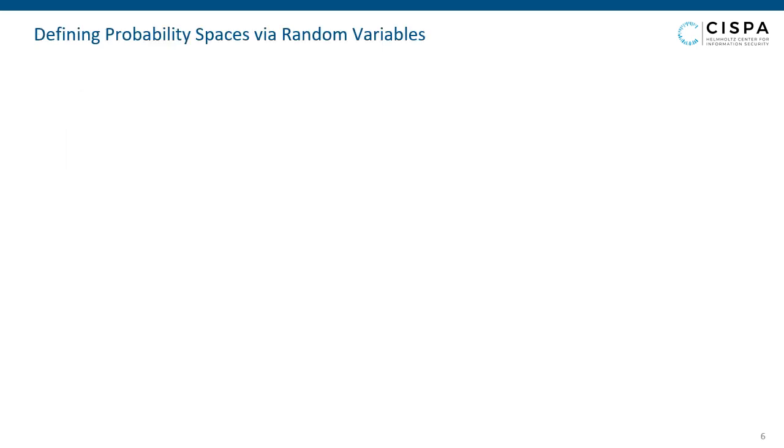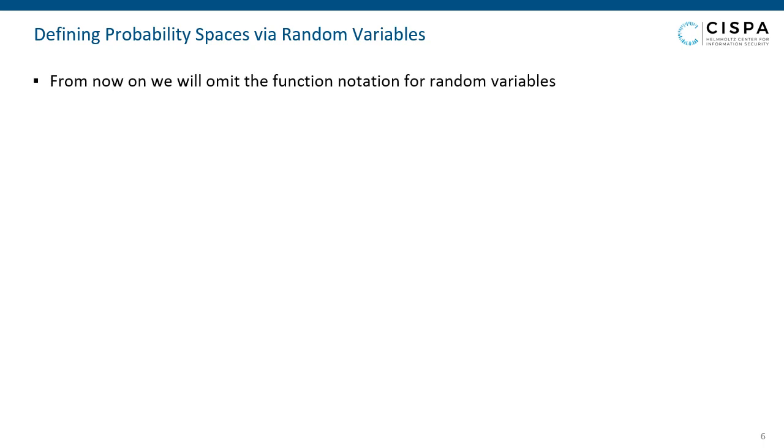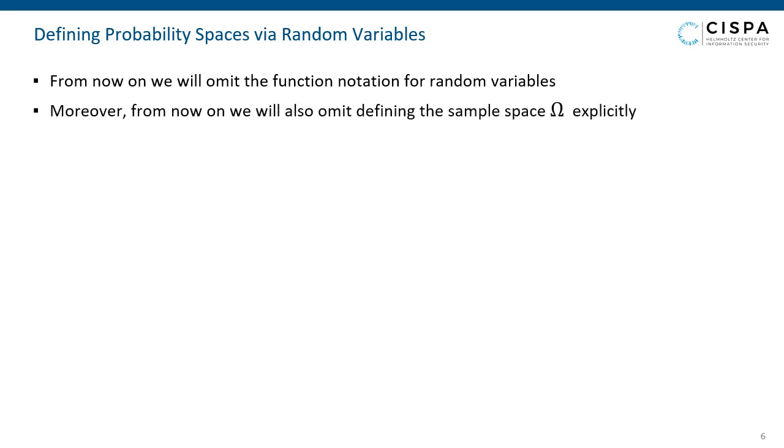So now that we've seen this formal definition of random variables as functions mapping from the sample space to some domain, I'm actually telling you we're not going to use this formal definition. We will in fact omit the function notation for random variables. Going even further, we will refrain from explicitly defining even the sample space omega. Instead, we will implicitly define omega via a set of random variables.